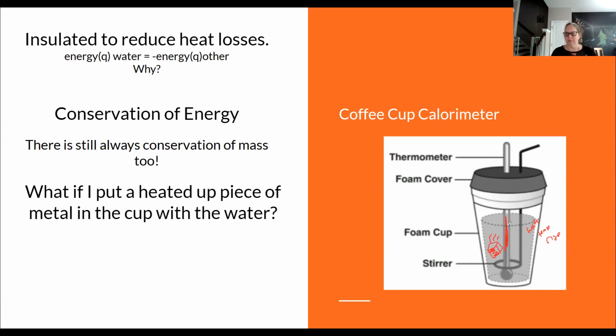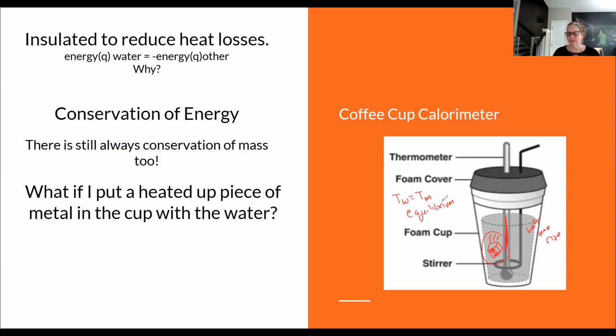We can calculate masses, specific heats, changes in temperature, equilibrium temperature, because at a certain point, these two guys will be at the same temperature. Okay, the temperature of the water will equal the temperature of the metal or whatever substance you have there, and that's called at equilibrium.